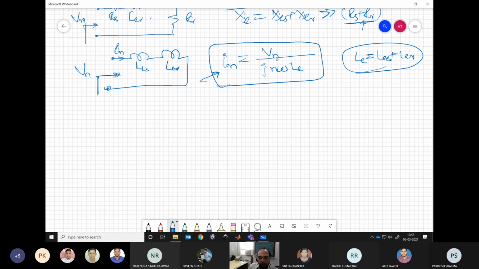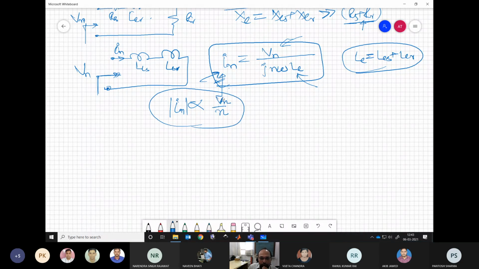So if we know what Vn we are feeding, we can simply compute the value of In for a given motor. This is how we can do our calculation. What this calculation suggests is that the magnitude of In, ignoring the other things, is proportional to 1 by n, or Vn by n.